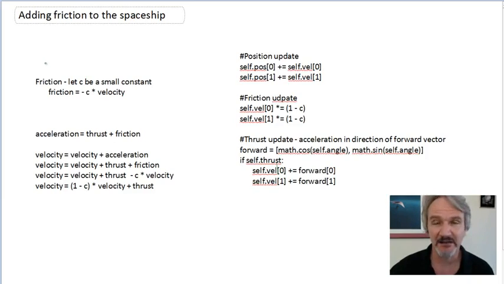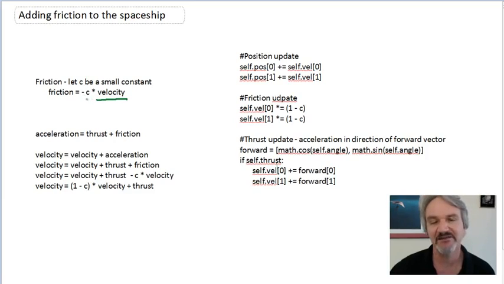So how can we model friction in a way that fits in with what we've done before? Well, the critical thing to observe here is that friction basically induces a deceleration on the spaceship. And that deceleration is in the opposite direction to the velocity of the spaceship. So here we have the velocity, and we multiply it by a small negative constant.